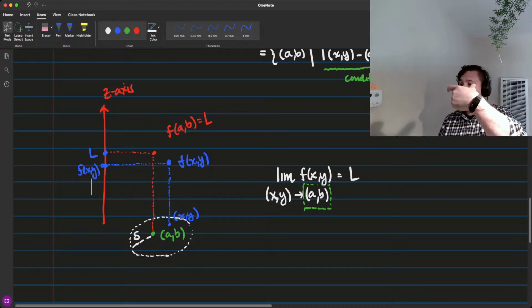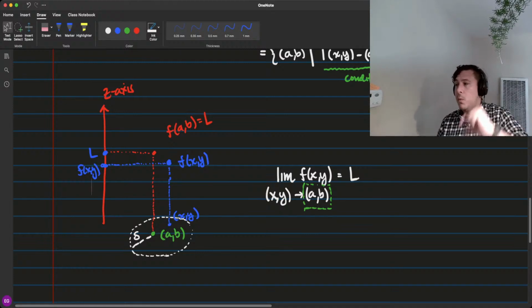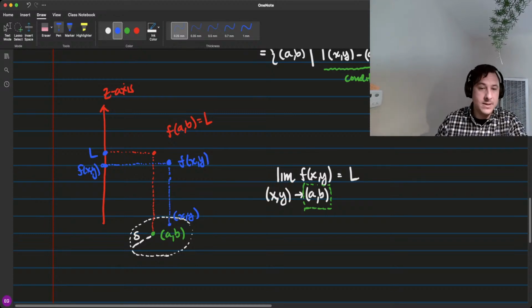Okay, so because xy was close to AB, what do I want f of xy to be close to? Yes, exactly. And that's all that this means.